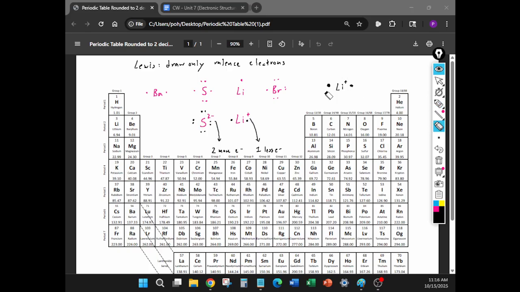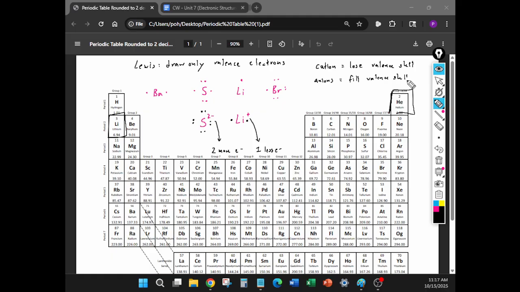So if you guys want to make a little note just to remember, cations will basically lose their valence shell. They basically end up becoming the noble gas before them. Because if you look at lithium, if it loses an electron, it basically becomes helium in terms of the electrons in the shells. Whereas anions, they are going to fill their valence shell.